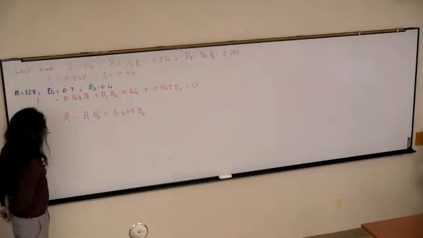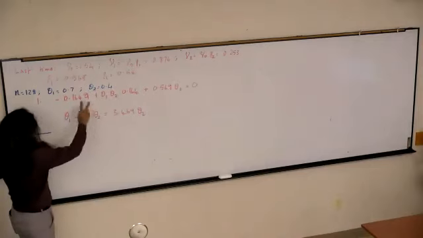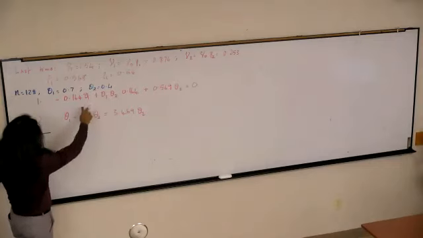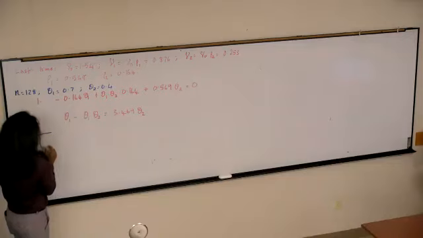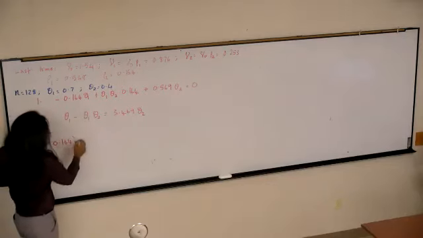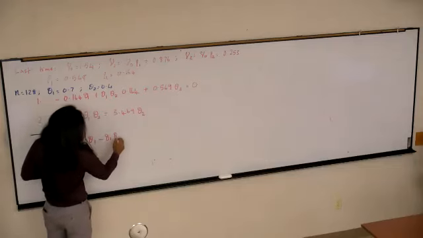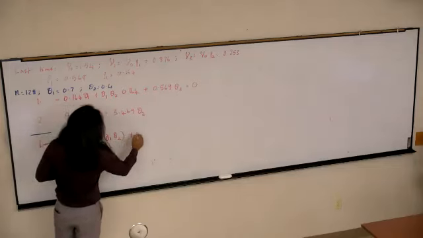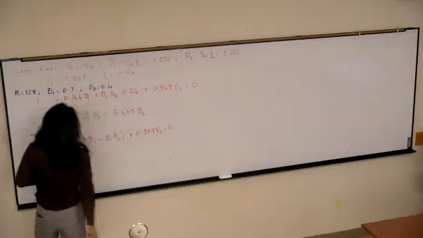Regardless, in this case, we have theta 1 minus theta 1 theta 2. I see the same term over here. I'm going to take this, put it in there. So minus 0.164. If I pull that out, I would have theta 1 minus theta 1 theta 2 plus 0.569 theta 2 equals 0.